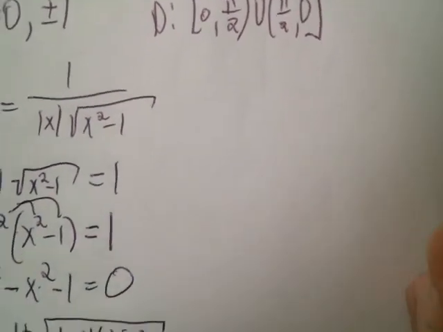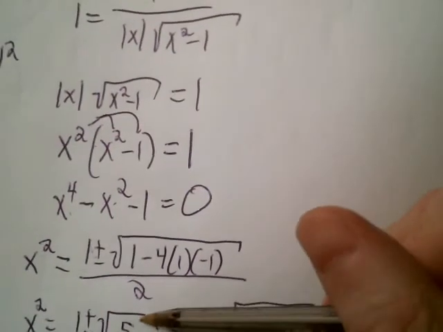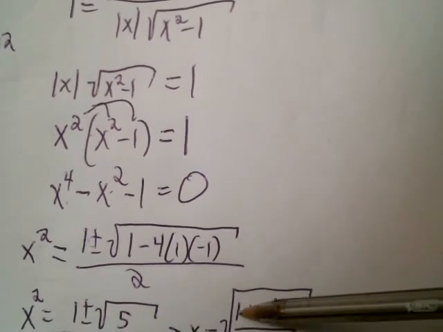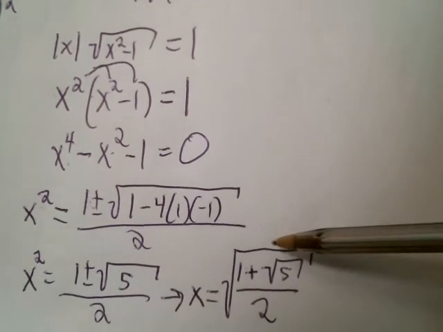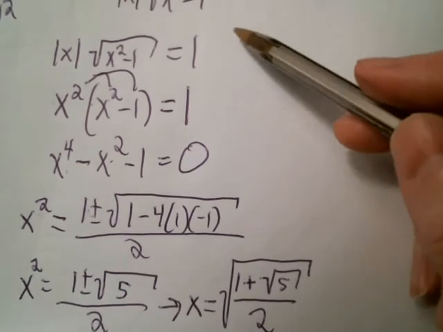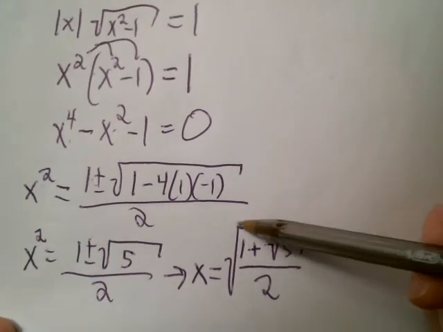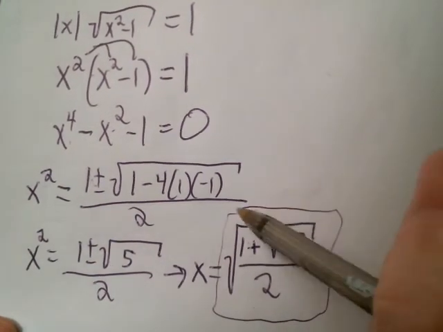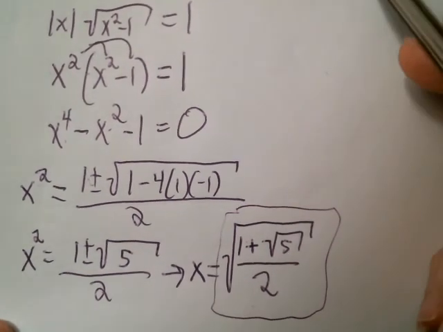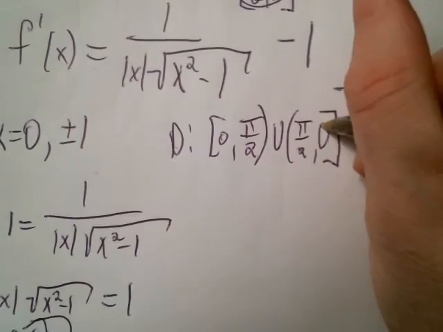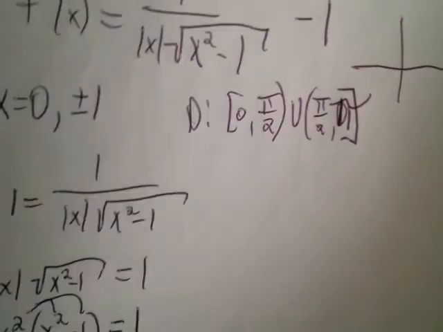And I presume that this 1 minus root 5 over 2, square root of, well, that's bad news anyways, but okay, I'm pretty sure this is the only guy that we have to worry about in this interval, and it may not even be in the interval. So this is pi over 2 to pi, not 0.